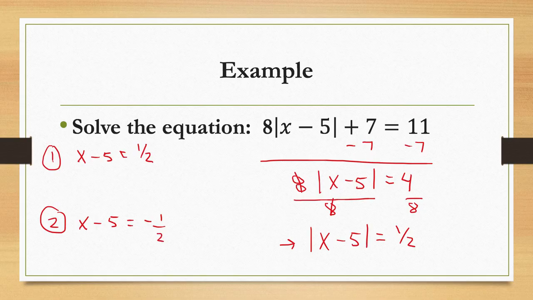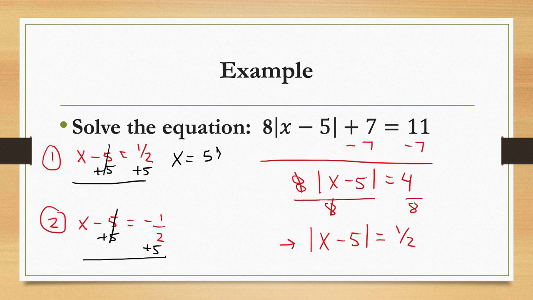Let's solve. In both cases, we're going to need to add 5 to both sides. On problem number 1, x is now going to equal 5.5, adding the 5 to the 1/2.